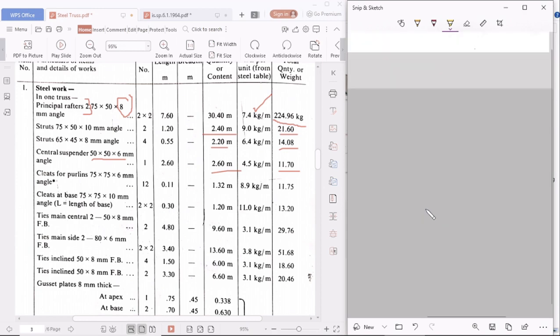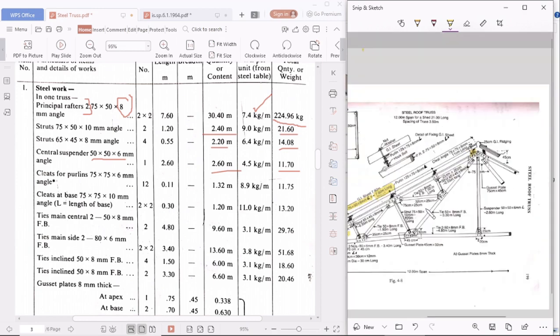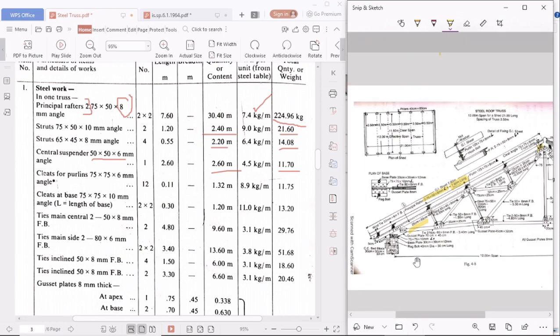So see here, 1, 2, 3, 4, 5, 6. So 6 cleat angles are there in one section. In another section there will be again 6. So 6 plus 6 is 12. 75 into 75 into 8 mm.